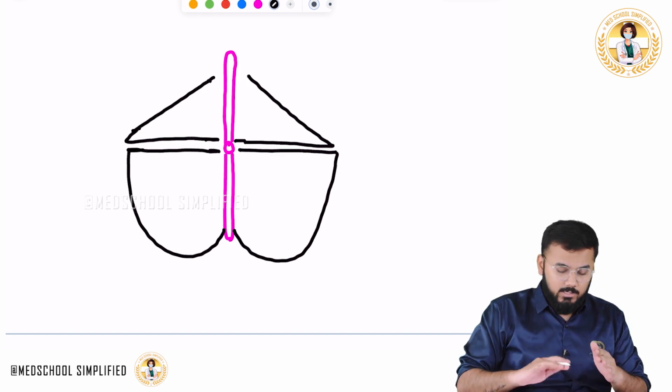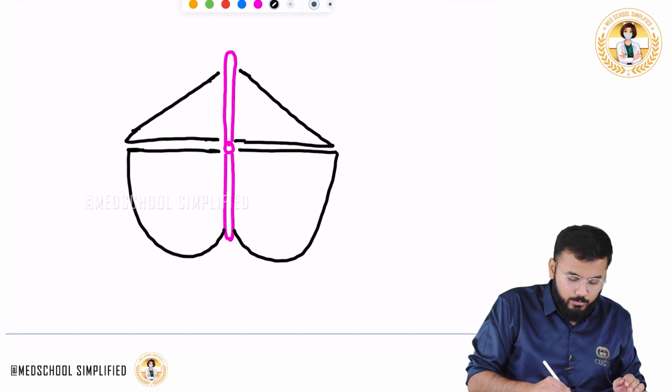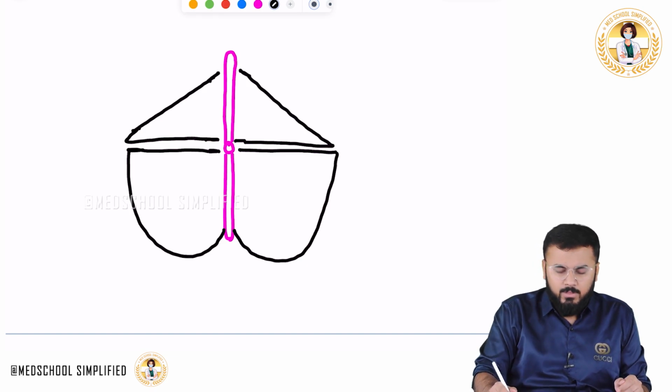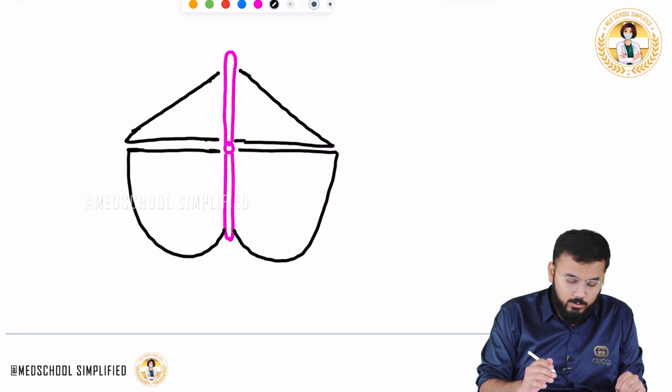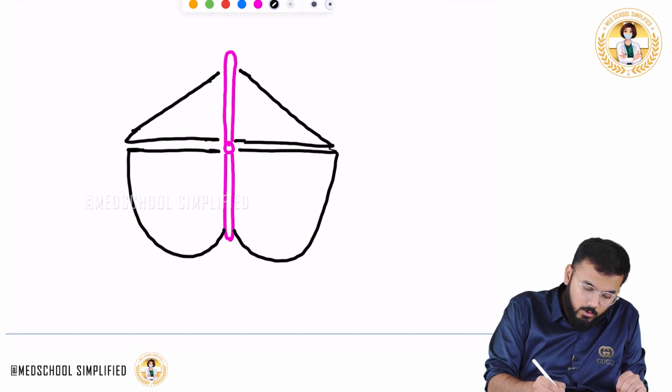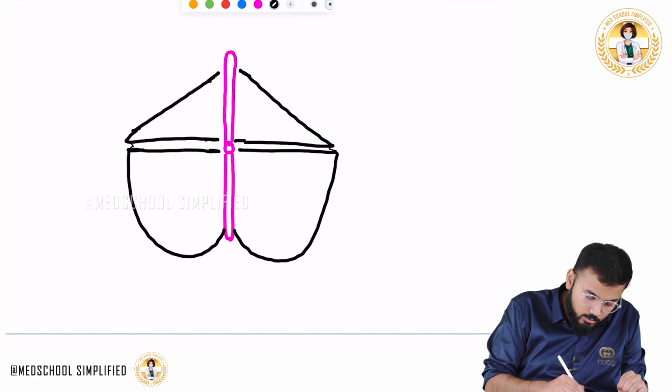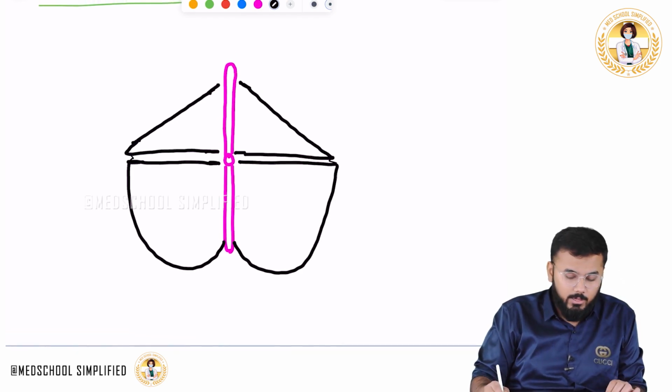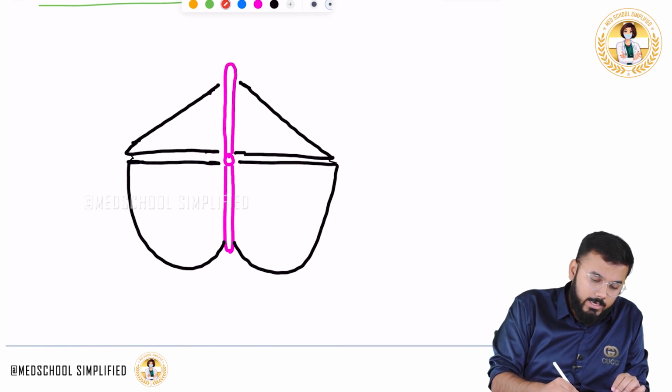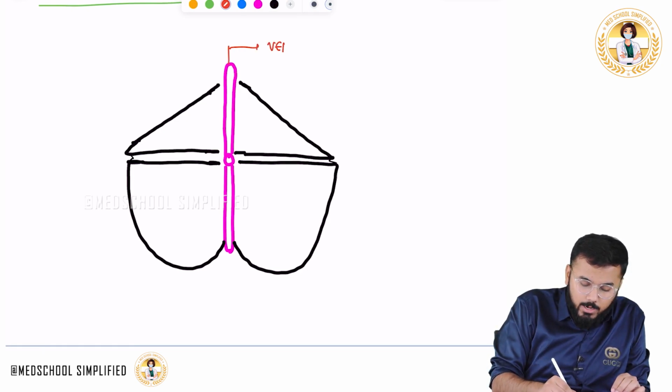Right. This is how the picture looks from the posterior view. Now in this posterior view also, you have a few important structures which you need to know for sure. For example, let us say that this part over here is called your vermis.